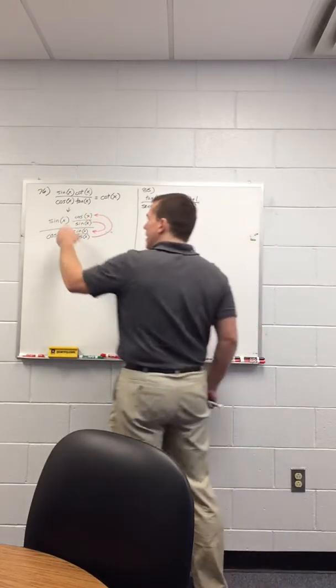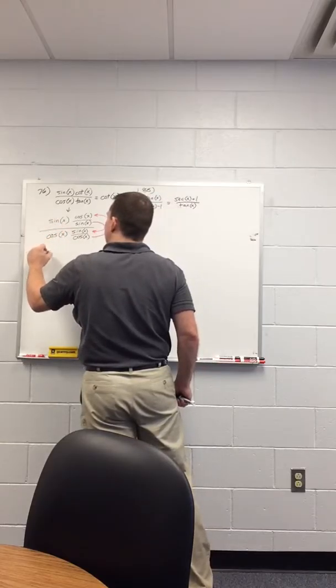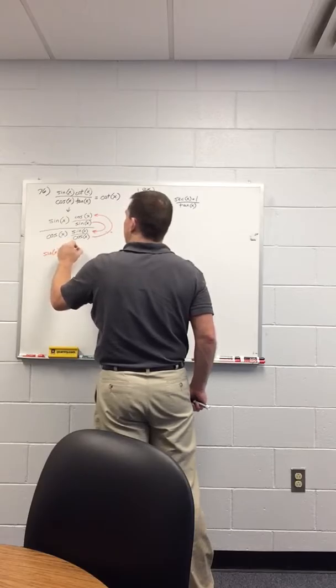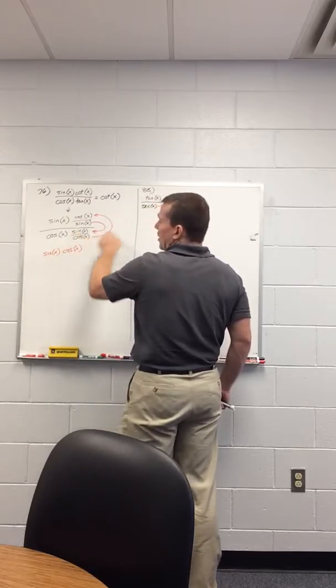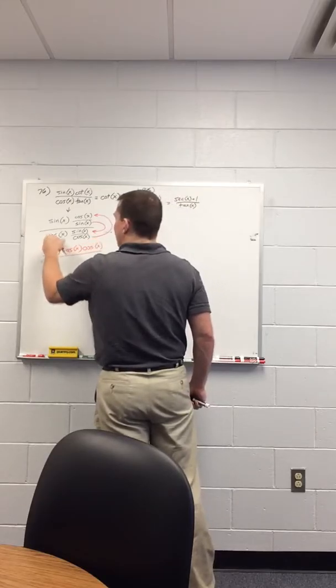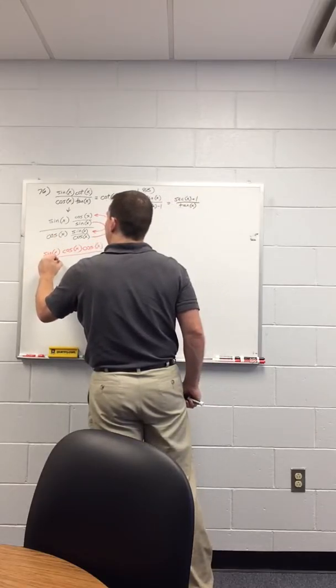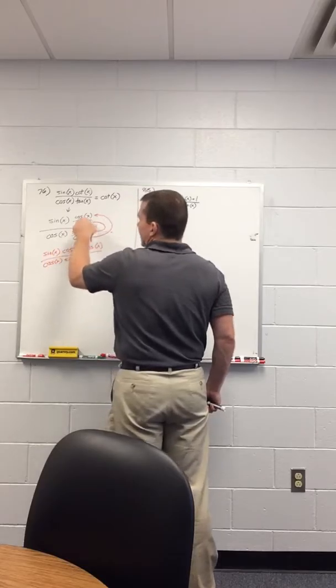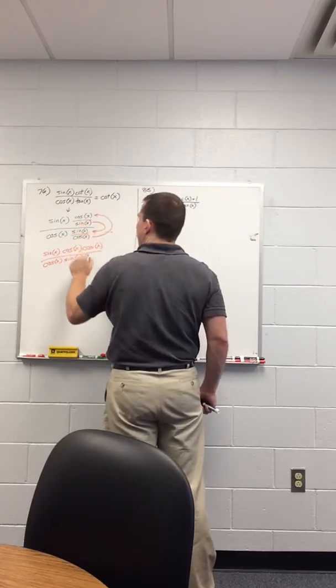So if we rewrite everything on the top, that sine x stays there, that cosine x stays there, and then the cosine x from the bottom gets sent up top. On the bottom, the cosine x stays there, the sine x stays there, and then the sine x from the top gets sent to the bottom.